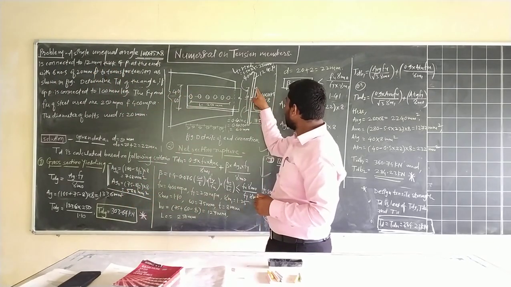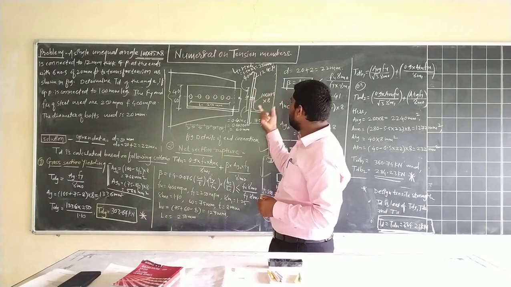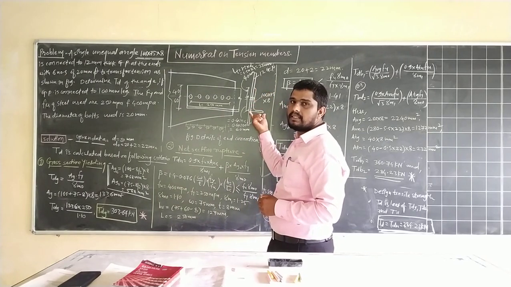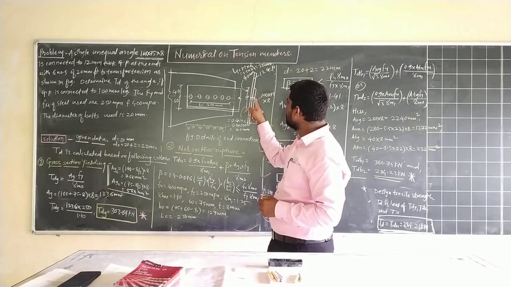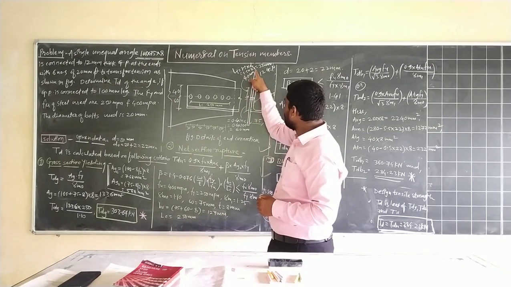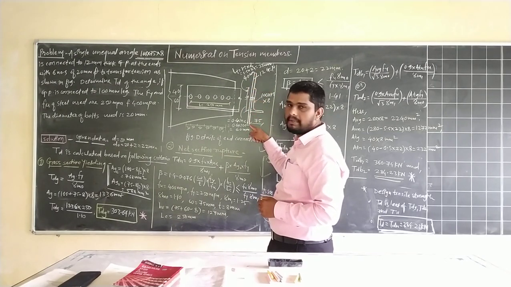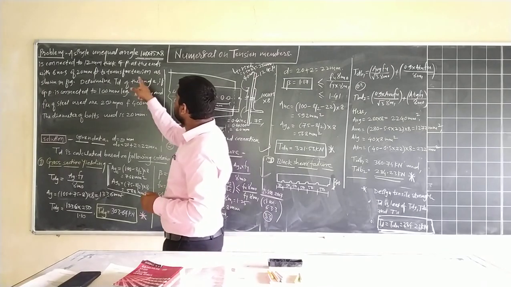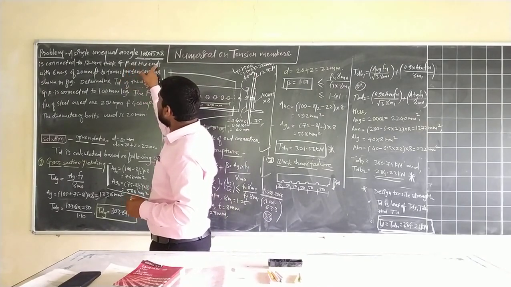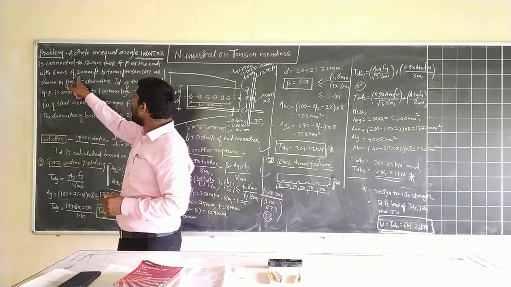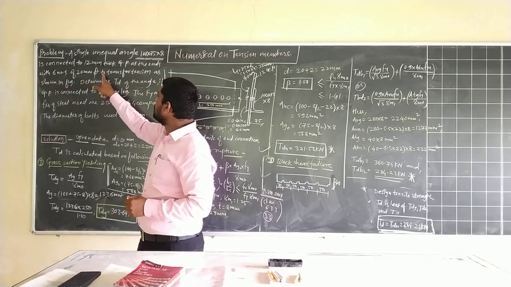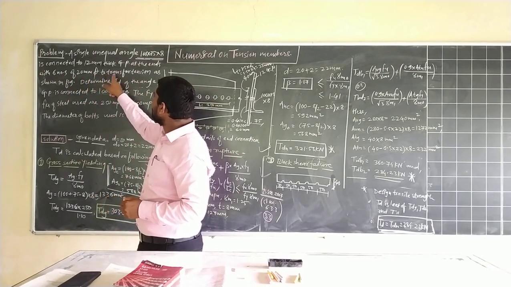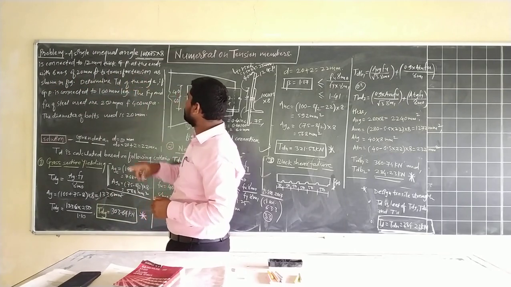This angle section of 100 mm by 75 mm, with its outstanding leg, is connected to the 12 mm thick gusset plate at ends with 6 bolts of 20 mm diameter to transfer the tension.